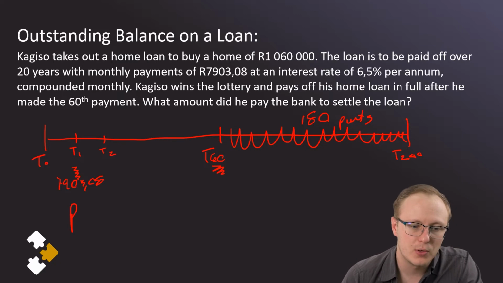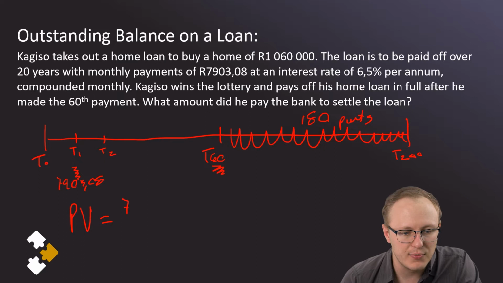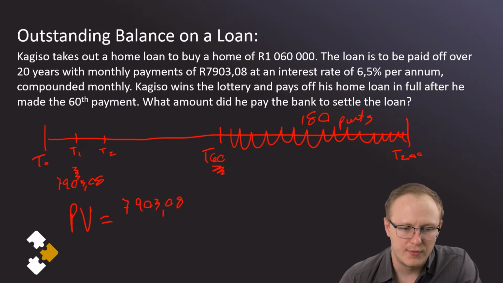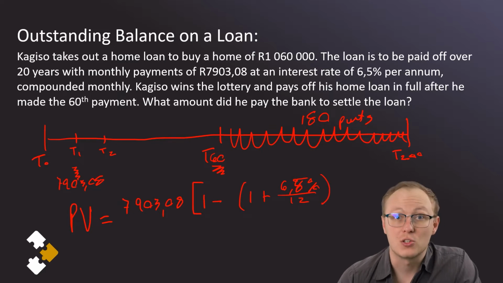Okay, so we're using present value, and the X there is going to be the 7903,08. And then we know we've got to go 1 minus, because it's present value, 1 plus 6.5%, a very competitive interest rate, 6.5% over the 12, because it's compounded monthly.